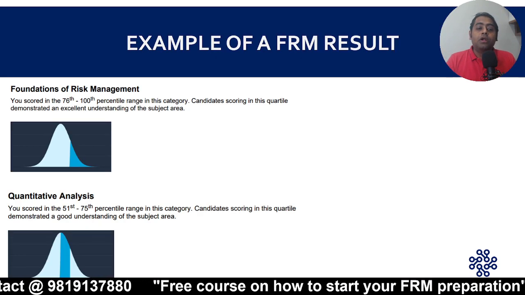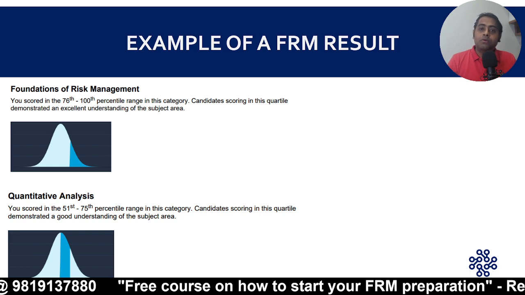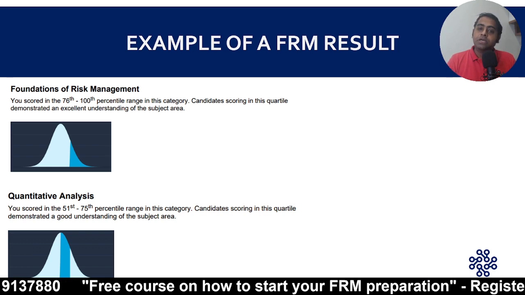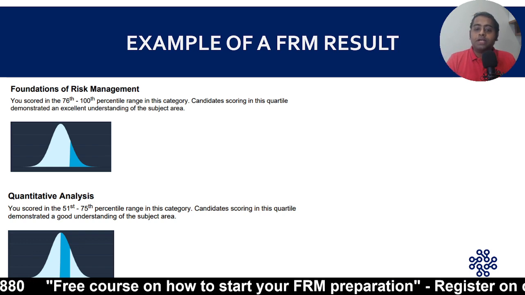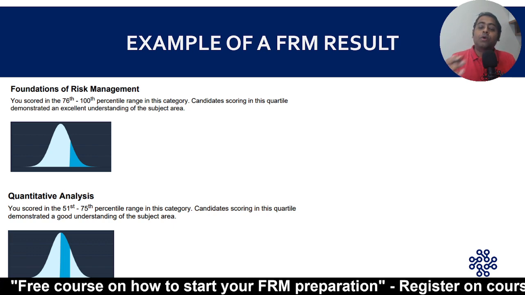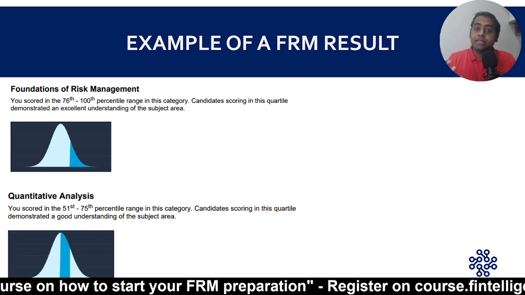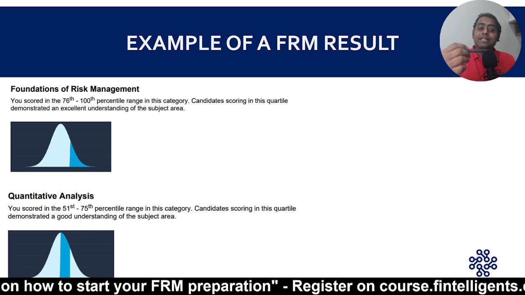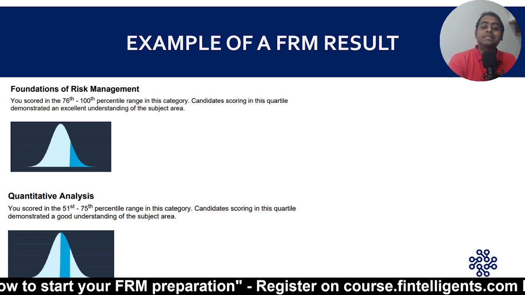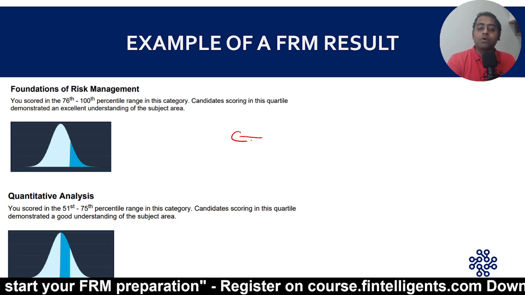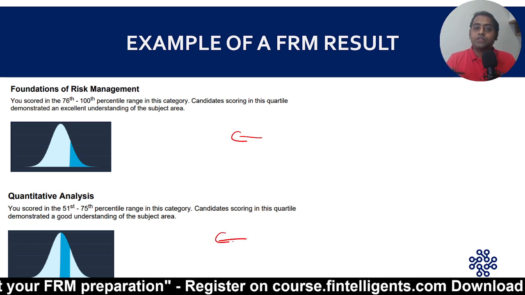So he got primarily in the first book, Foundation of Risk Management, the first quartile, and that quartile represents you have an excellent understanding in the book. Now you can see on the screen that the result is available for first book, second book, and third, and the fourth book is on the next slide.